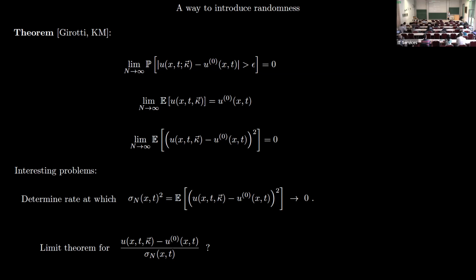So I need to know how fast this decays in order to say U equals U naught plus something fairly explicit, an x and t dependent random variable. That's one of the reasons why, is there a limit theorem for this, is a critical question. Is it Gaussian?